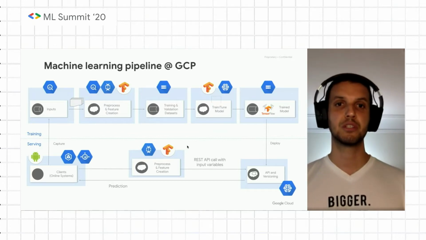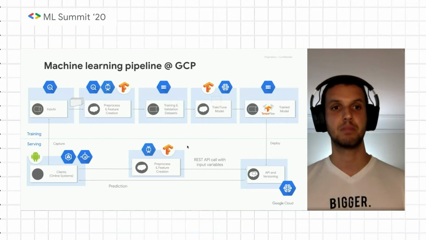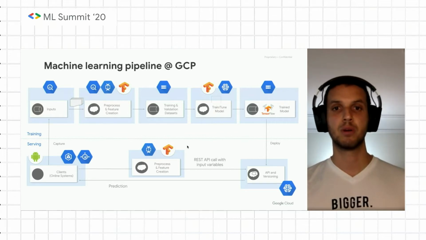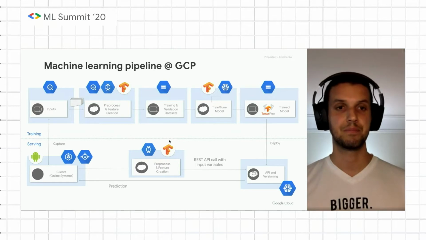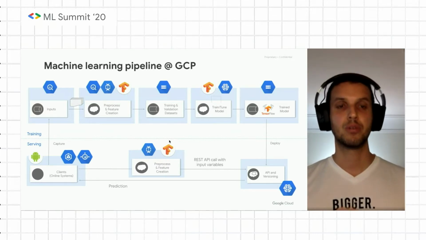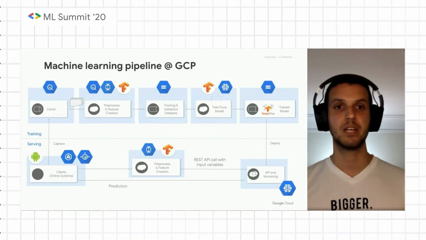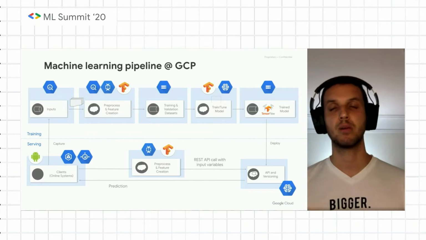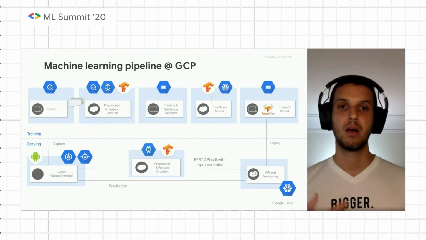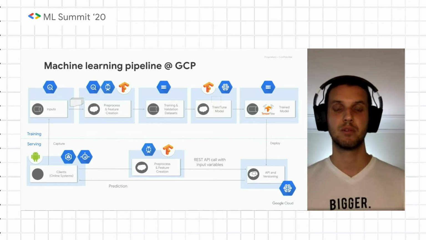So our traditional machine learning training pipeline at GCP becomes more or less what we have at the top of this slide. For training, we can have data residing on BigQuery, where we process the data using BigQuery or Dataflow. Also, we can extend some of the TensorFlow components by using TFT.